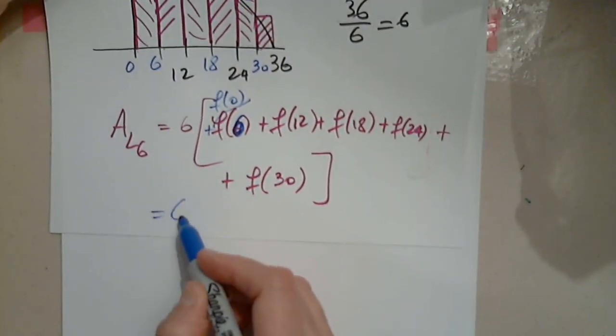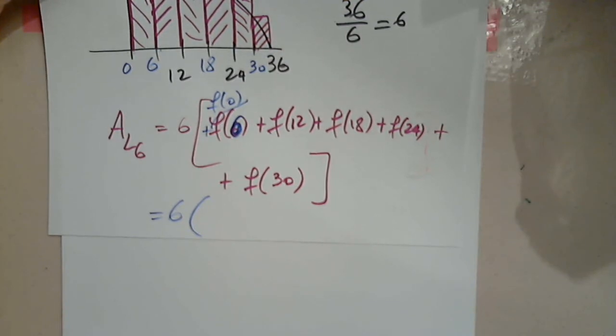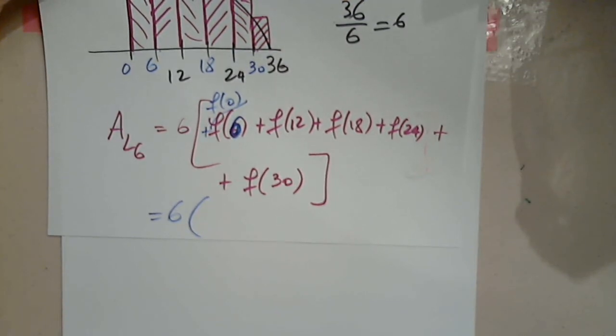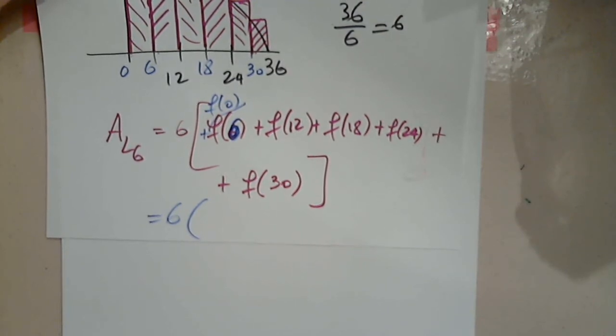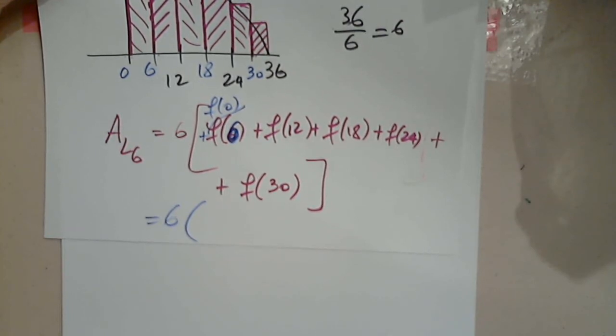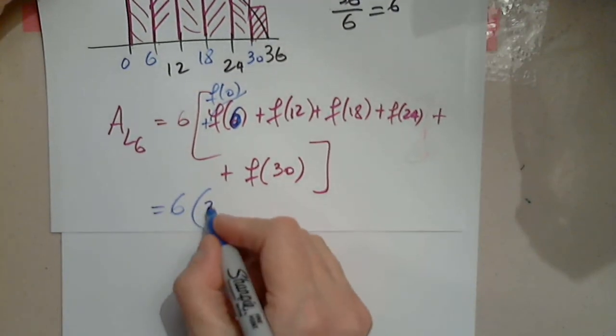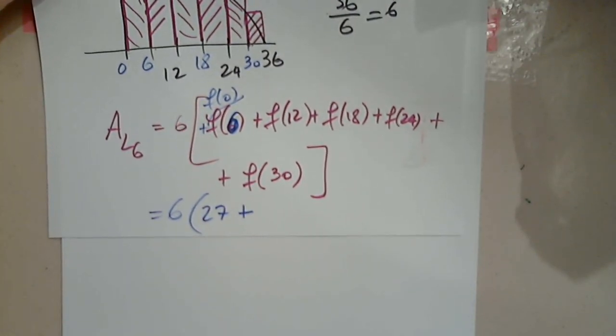So f of 0, in my case, is, if that's 12 and that's 24, so 1 unit is, yes, the same thing, 6 and 6. Okay, so 1 unit is 3. So 27 plus f of 6.